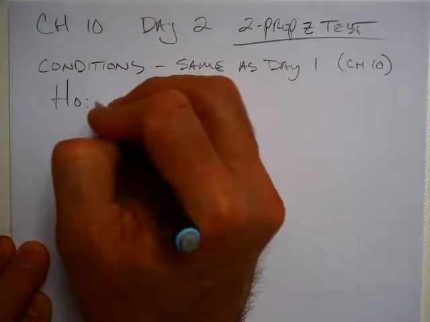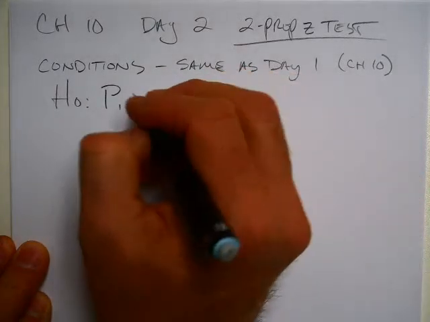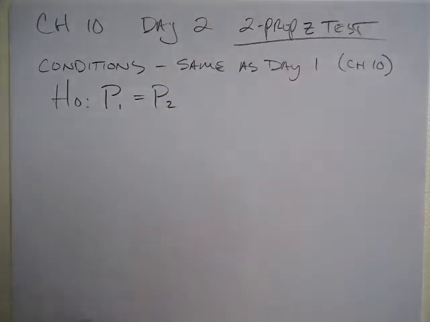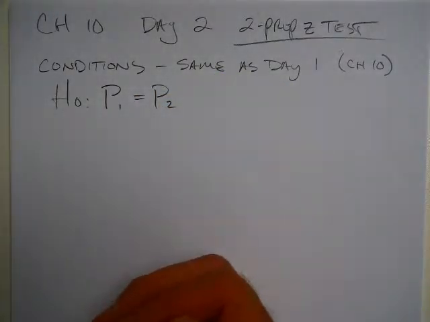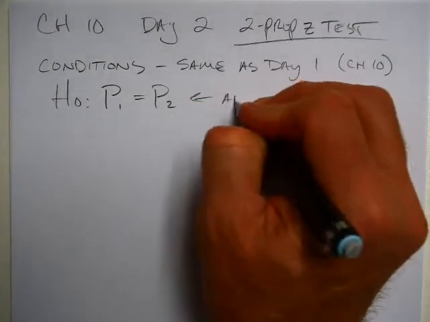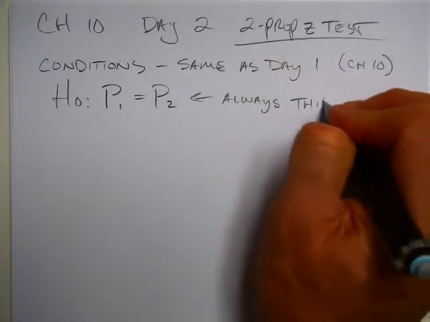The null hypothesis will always be the proportion of one equals the proportion of the other. That the proportions are equal. Always this.